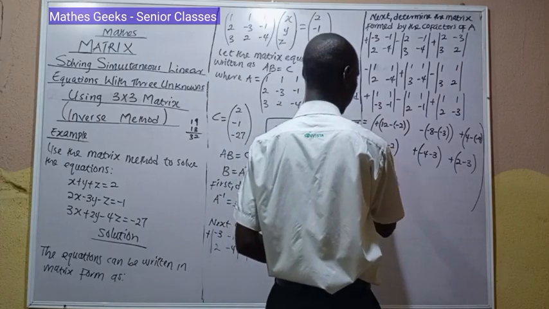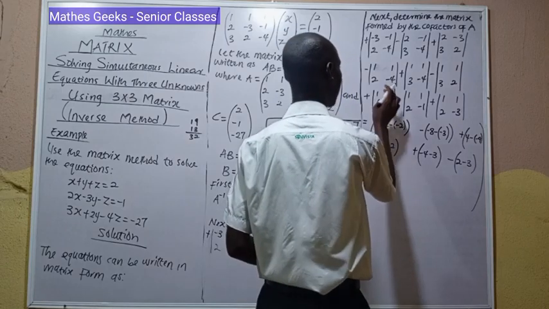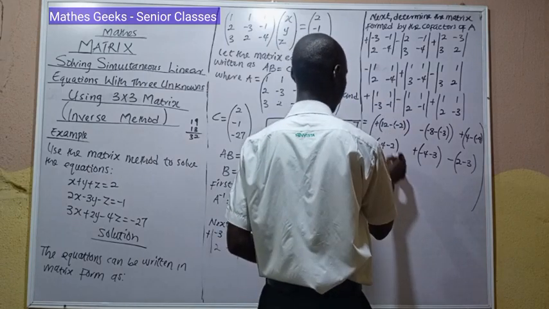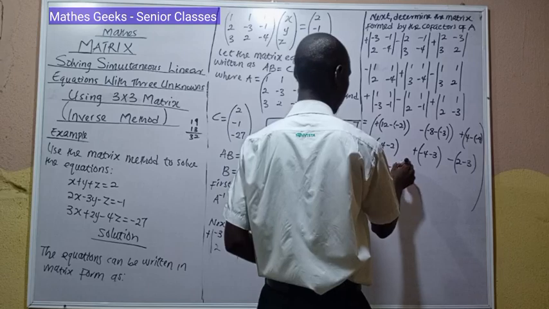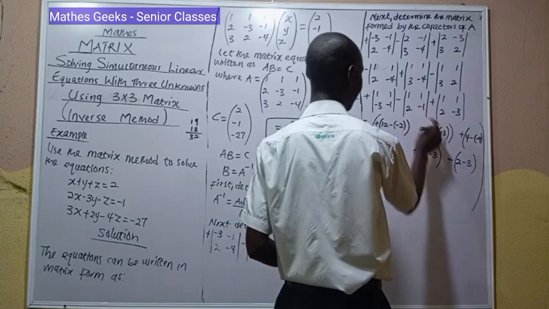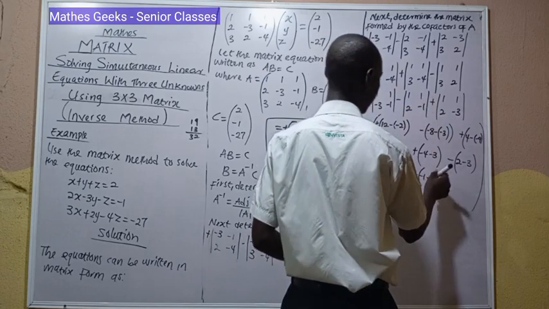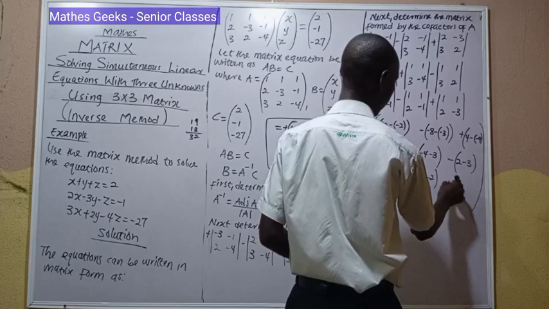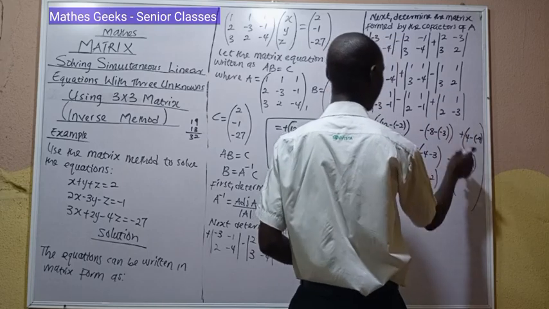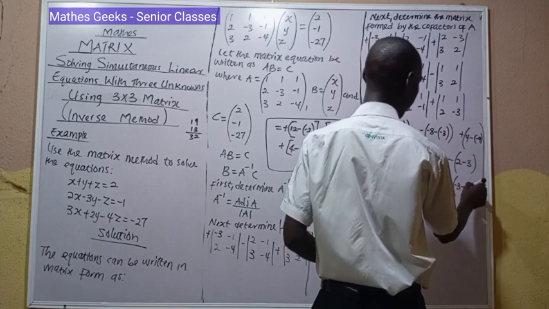Plus 1 times minus 1 is minus 1, minus 1 times minus 3 is minus 3, minus 1 times minus 1 is minus 1, minus 1 times 2 is 2, plus 1 times minus 3 is minus 3, 1 times 2.